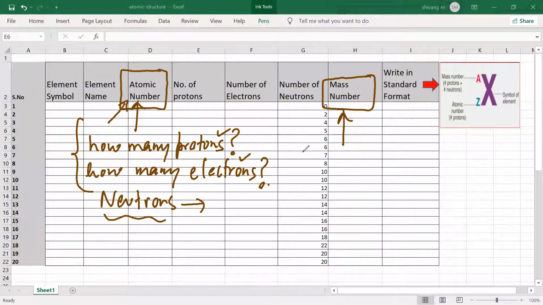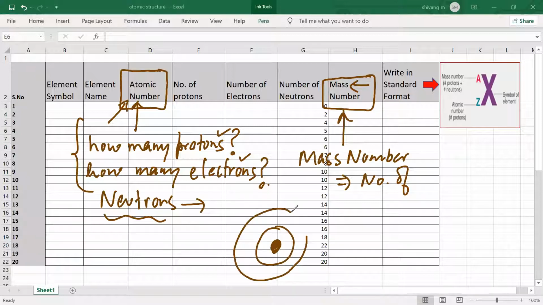Okay. So the mass number is, see, when you look at the mass, just try to logically understand. Where does the mass of an atom come from? The nucleus.